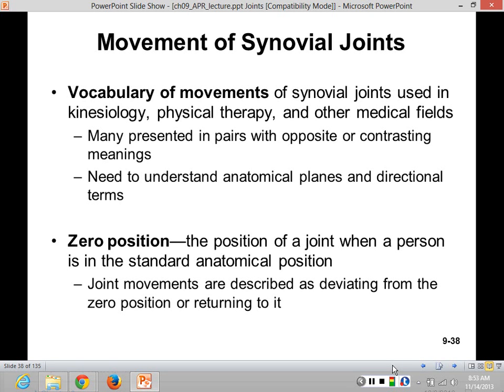So if I ask Sakina to do elbow flexion and extension, this is what students do. They're like, extension? I'm like, extension.